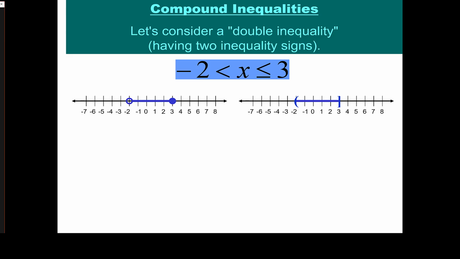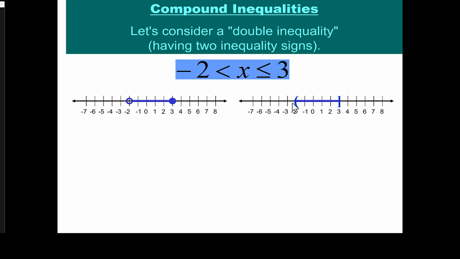Here we have circle notation, and we have bracket notation. Notice that with the strictly greater than, the endpoint -2 is not included. And over here it could be equal to, so the endpoint is included.